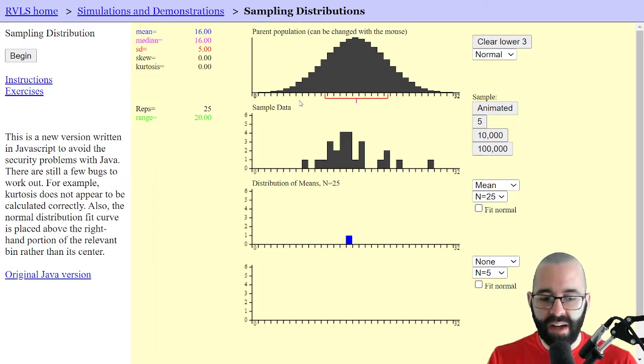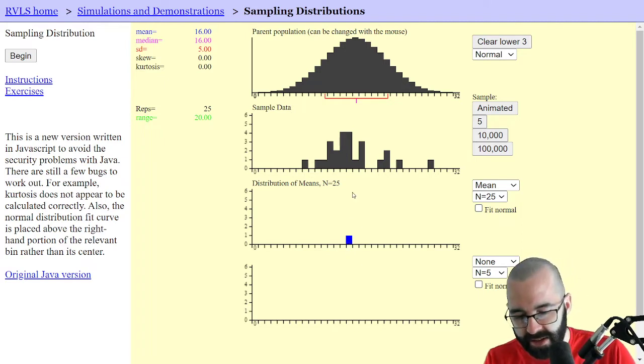With a sample size of 25, we can look at the sample mean. The population mean is 16, the mean of this parent population distribution. But our sample mean is not always going to be 16. In this case, it looks like it was about 15.